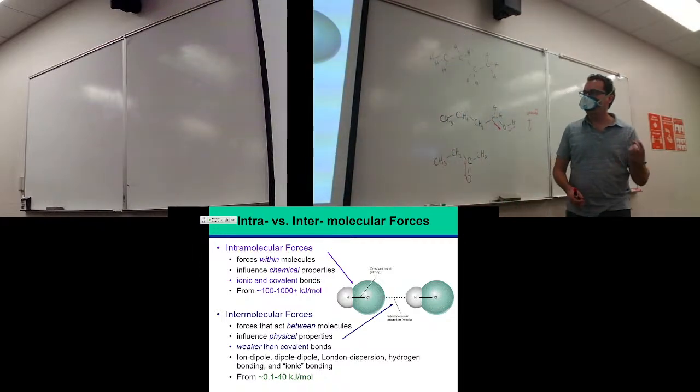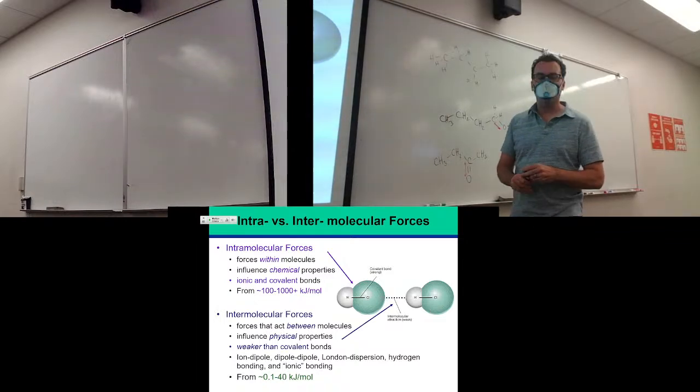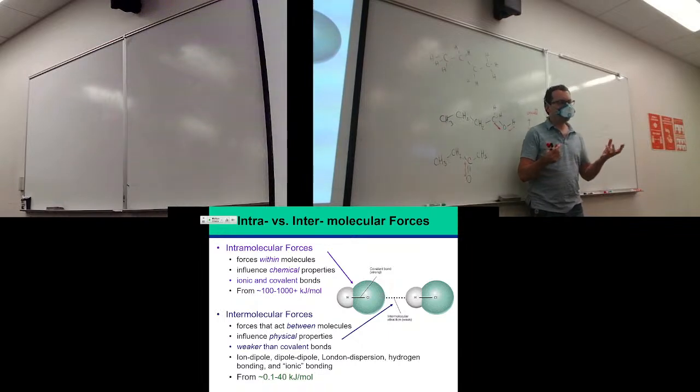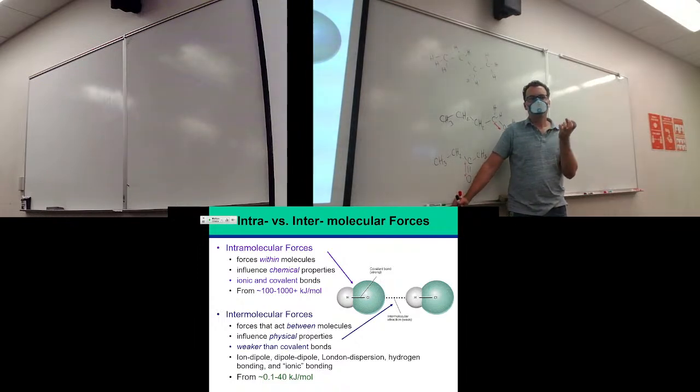These are the names of the different forces we're going to see: ion-dipole, dipole-dipole, London dispersion forces, hydrogen bonding. And ionic bonding, even though we've been calling it a bond, is technically an IMF. Because when you talk about what is the smallest particle in an ionic compound, it's the ion.